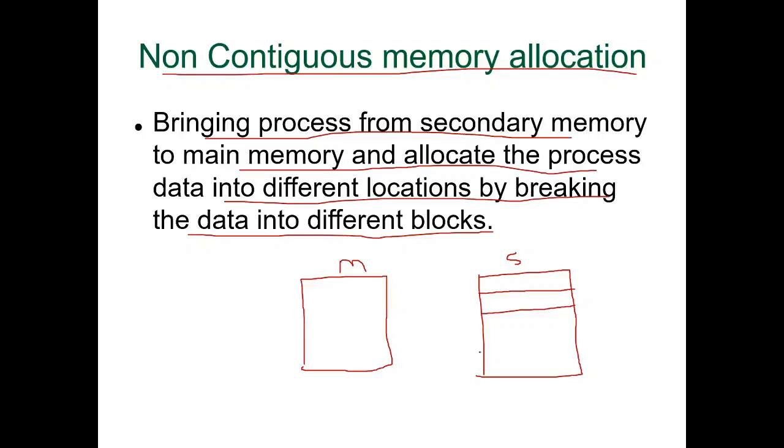In the same way, the main memory also has different blocks. In these blocks your data will be stored on the secondary disk. The data can be anything, it can be a file or any other files.